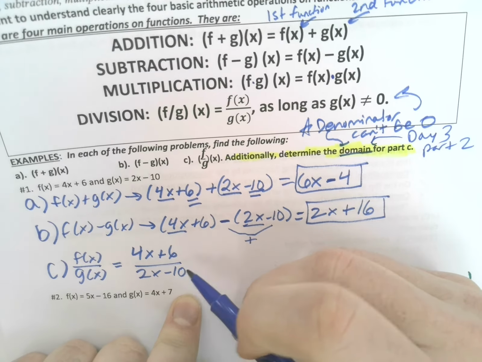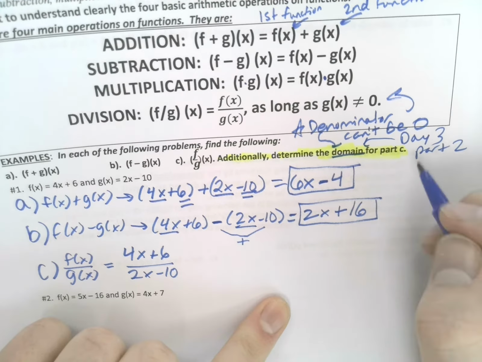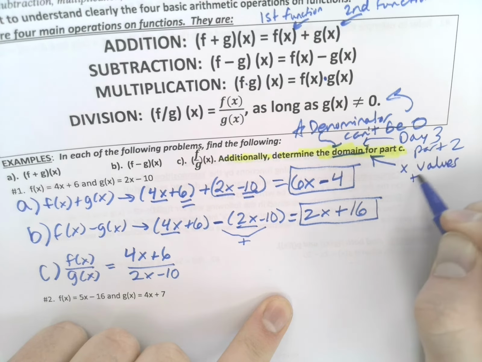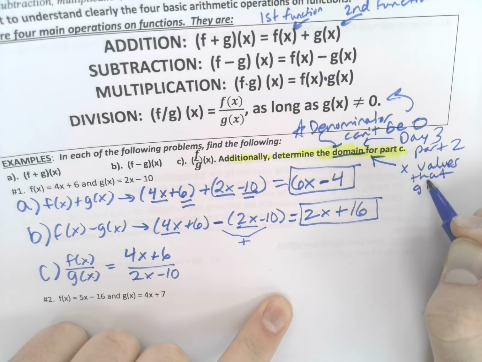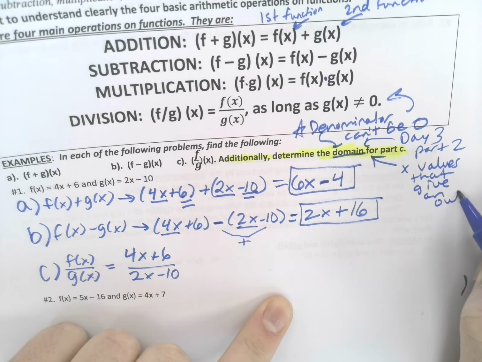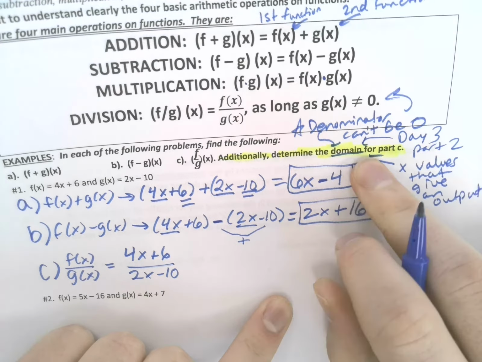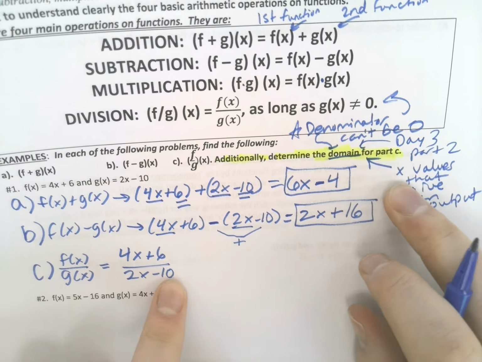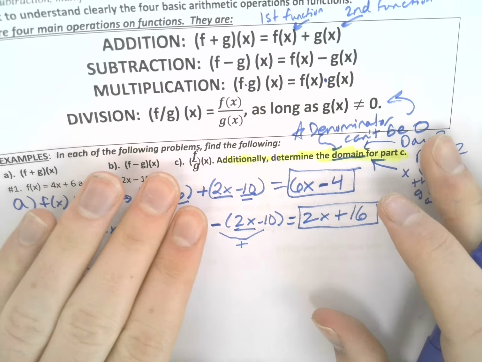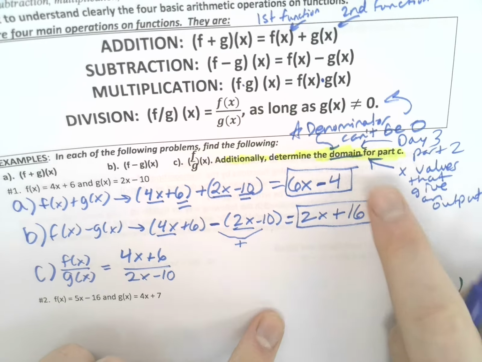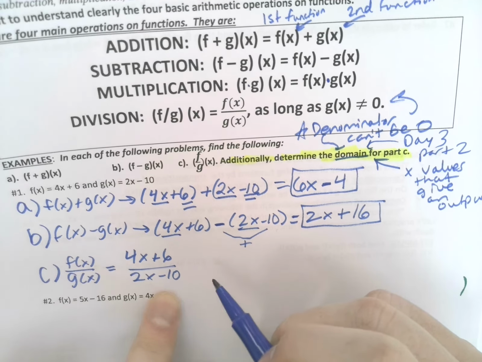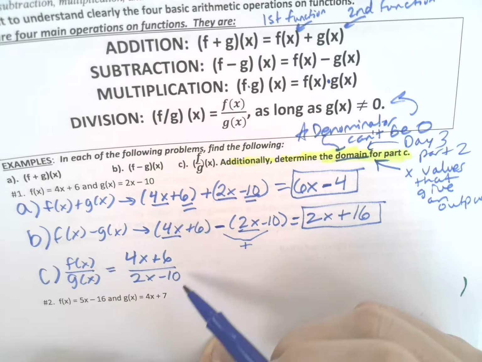If you have a fraction, your domain are all of the x values that give an output. In other words, your domain is the input. So if x could potentially be something that gives us no solution, it is not in the domain. So check it out. We know we can't divide by 0. We've got a fraction here.